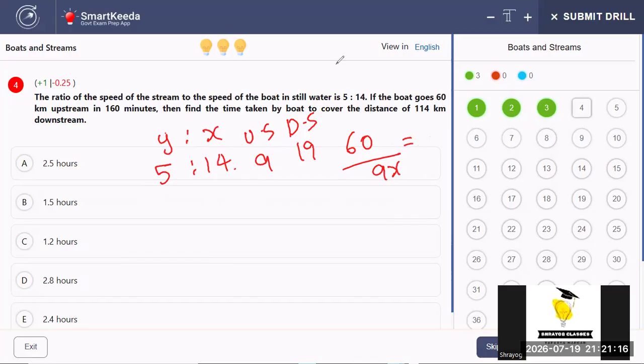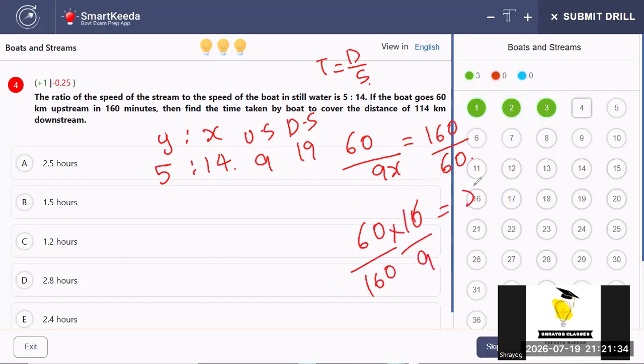So time is equal to distance upon speed, which is equal to 160. Divide by 160, so we get the hours. So 160 into 16 upon 9 is equal to x. So the value of x is 1 by 24.